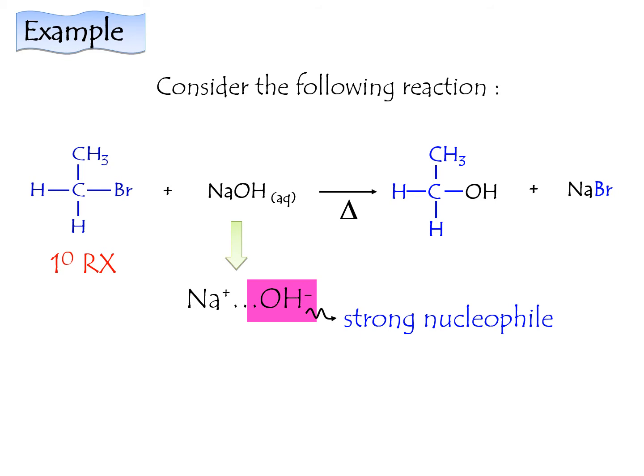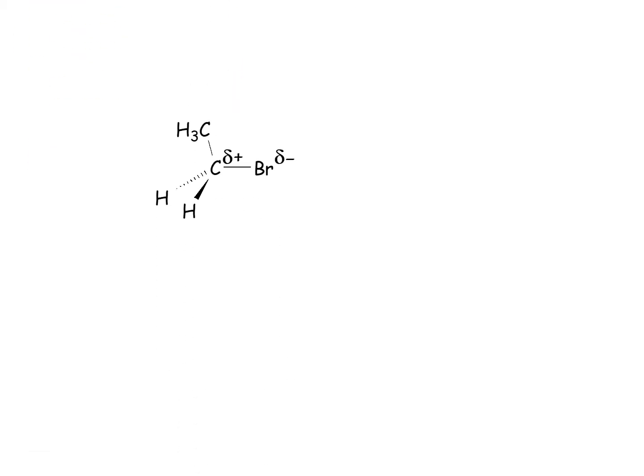Let's learn to write the SN2 mechanism. First, draw the haloalkane reactant in the form of a 3D structure. Halogen, bromine, is at the right side of the compound, and the other 3 bonds are projected to the left. The carbon-bromine bond is a polar bond because bromine is more electronegative than carbon.